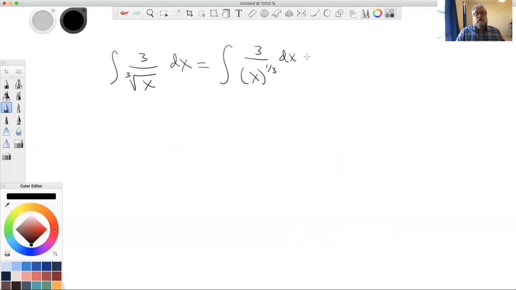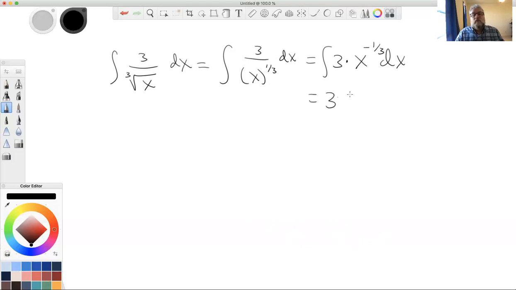And then we're going to rewrite it further because we cannot deal with x's in denominators. So this is going to be 3 times x to the minus 1/3, right? When I move something from the denominator, an x with a power, when you move it to the numerator, its exponent changes sign. And the other way, when it goes down, it changes sign as well. We're going to tend to move things up and change the sign on their exponent.